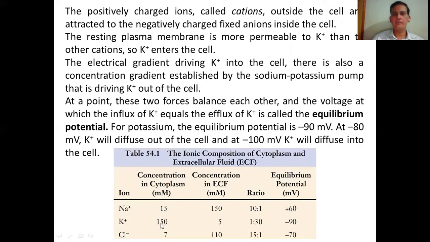For potassium, 150 millimolar inside the cell, 5 millimolar outside. The ratio is 1:30, and the equilibrium potential is minus 90. For chlorine, inside it's 7 millimolar, outside it is 110. The ratio is 15:1, and the equilibrium potential is minus 70.